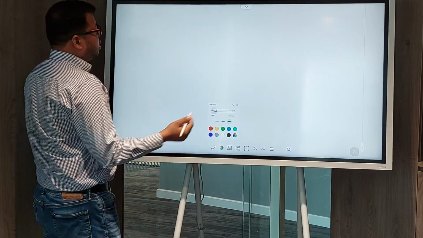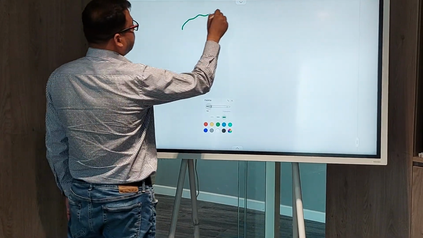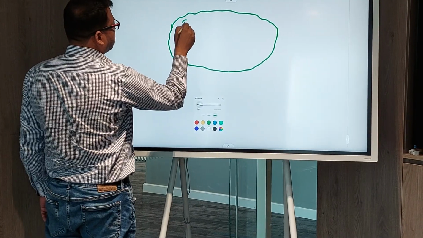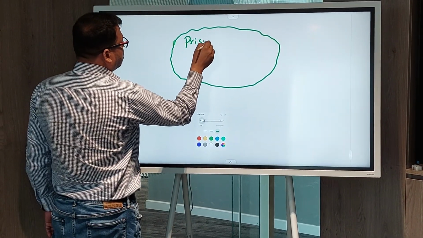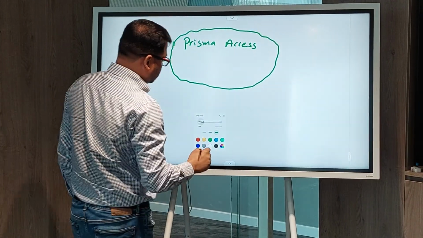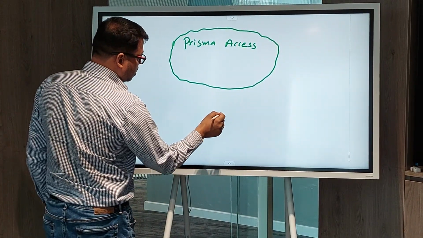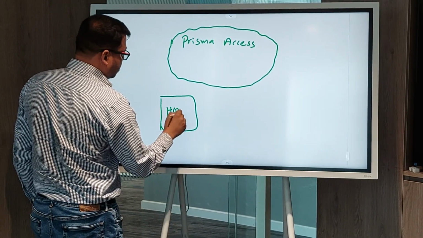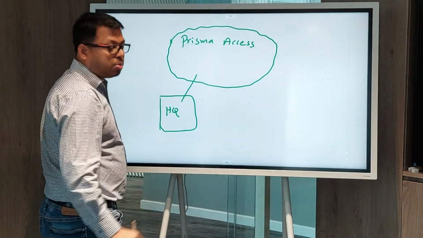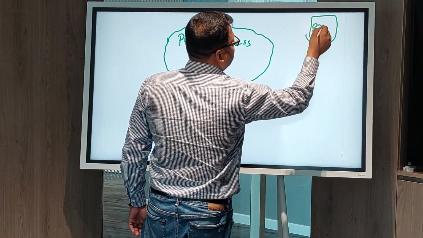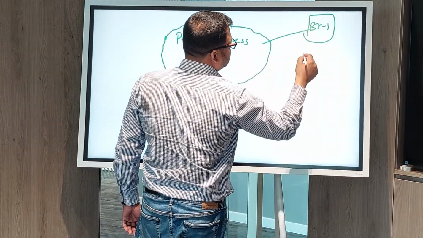So in Prisma Access, as we said, we have a cloud. This is the Prisma Access cloud, which is having presence in 100+ locations. Then our HQ is connected here. HQ will have a connectivity to the Prisma Access. The branch 1 is connected to Prisma Access.